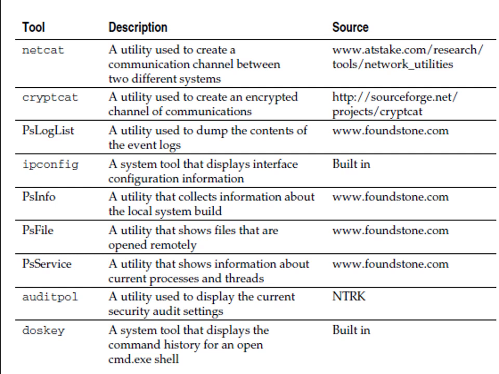Let me try and explain a little bit on DOSKey. So basically, DOSKey is a built-in Windows command tool that you can use to actually display all the command history for an open command prompt shell.